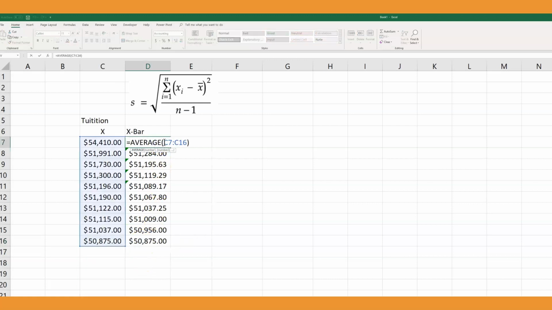So to fix this problem, I'm selecting the range initially and hitting F4 to lock it. So every time I calculate the arithmetic mean, it's going to be based on the same set.